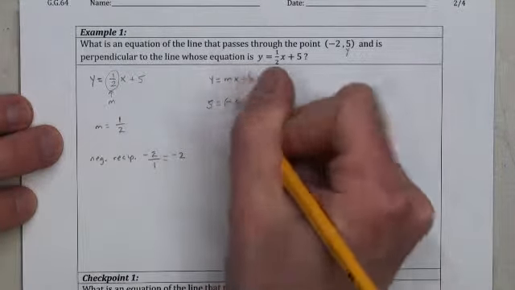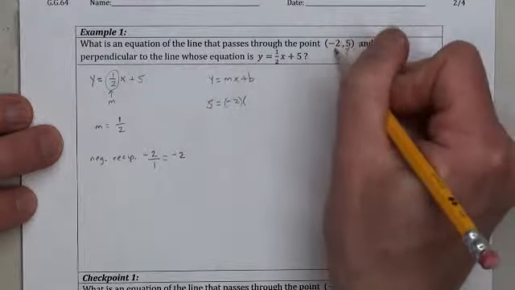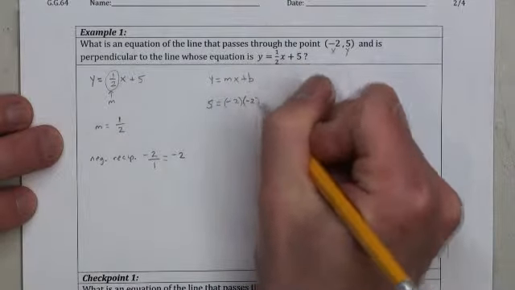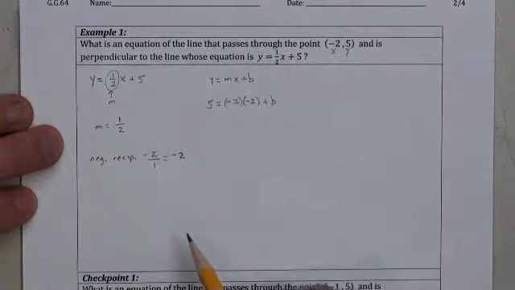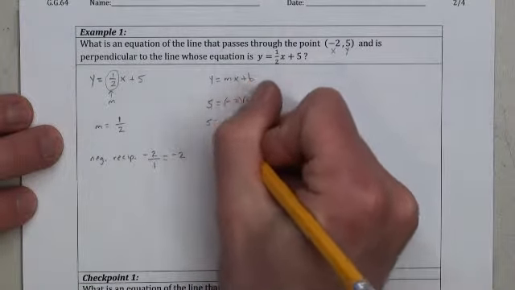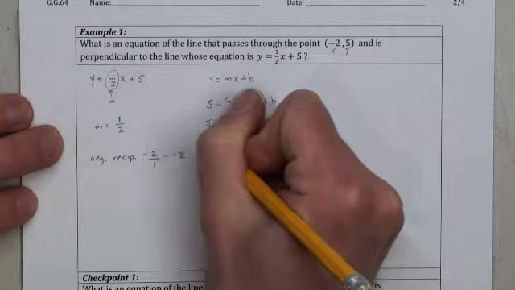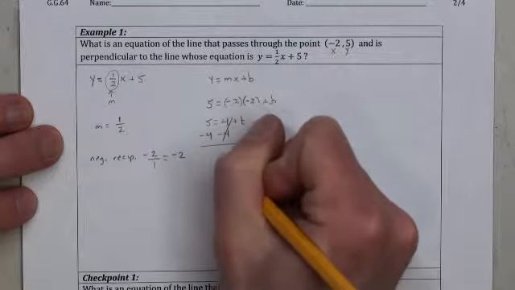So it's 5 equals m times x. X is my x coordinate of the point that they give you in the problem, plus b. What I'm solving for is b, the y-intercept. So this is 5 equals 4 plus b. Subtract 4, and b equals 1.